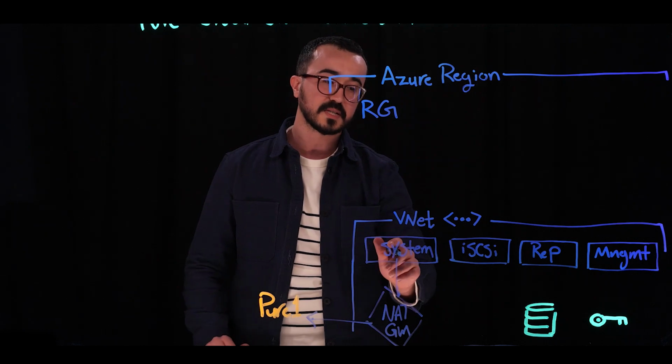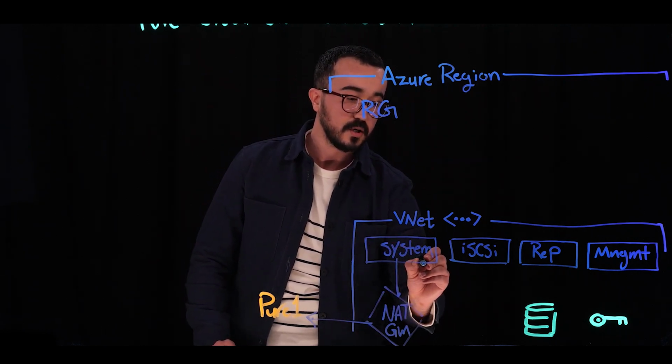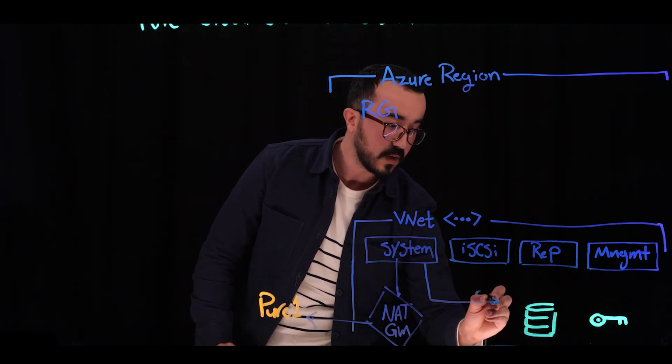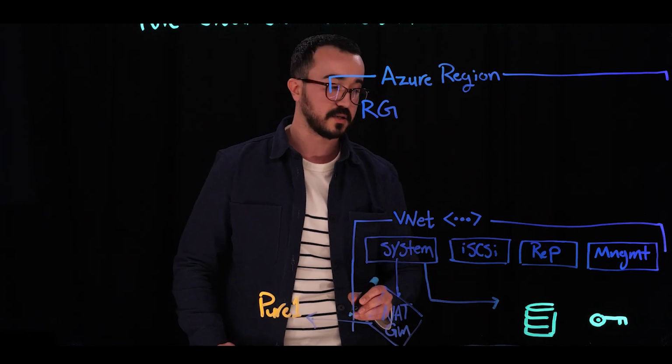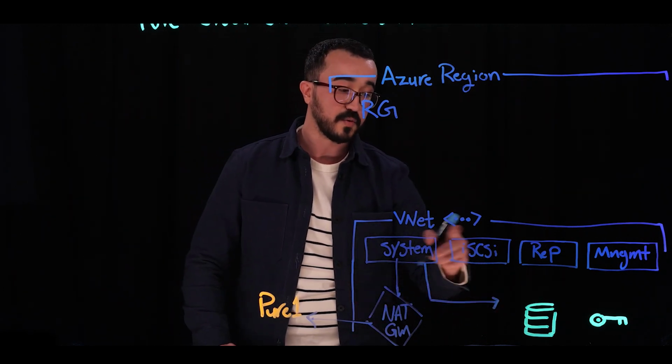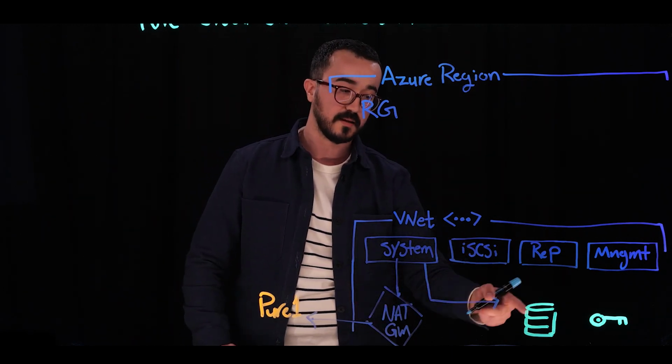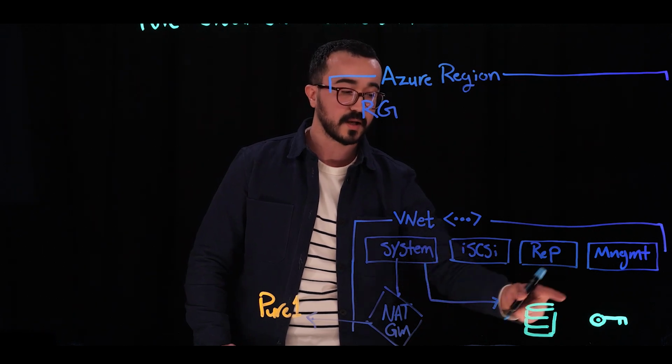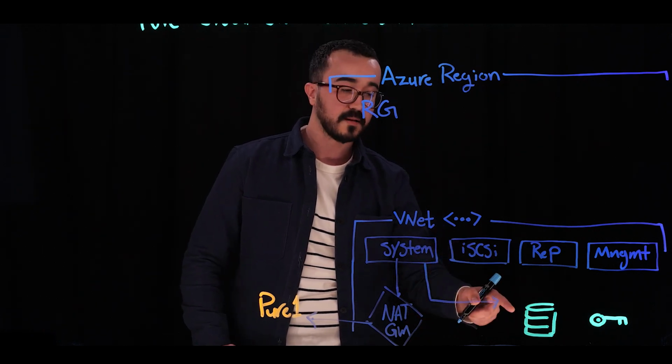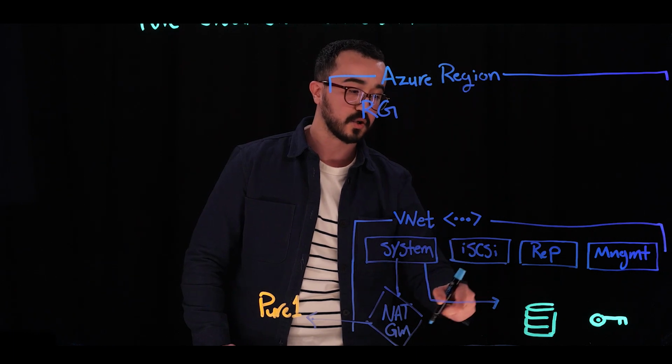The second requirement for the system subnet is to connect it to 2 services within Azure. The reason we have these 2 services within the VNet is because we need the connectivity to stay within the network of the Azure backbone.